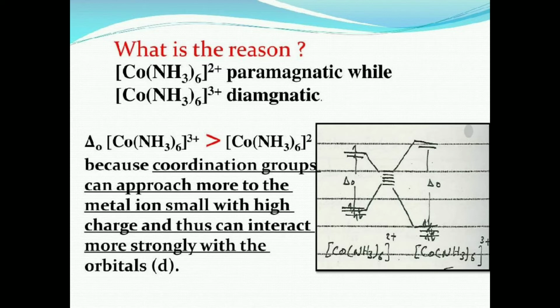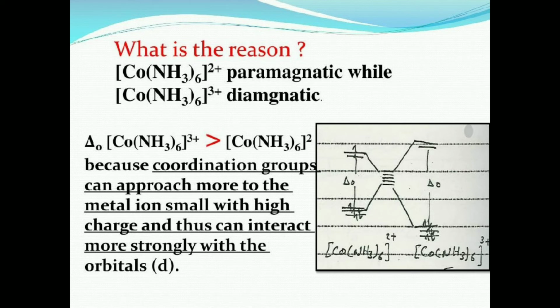So here the delta 0 in the 3 plus complex has a greater value than the 2 plus complex. This is because coordinating groups can approach the small metal ion with high charge more closely, and thus can interact more strongly with the d orbitals. Now if you look here in the molecular orbital diagram, you will see the first complex, cobalt NH3 6 2 plus.